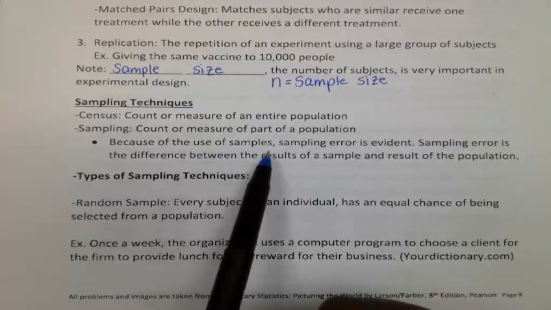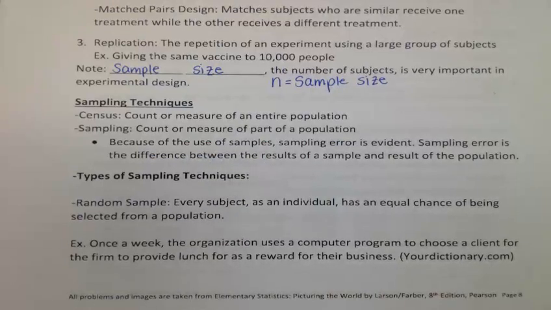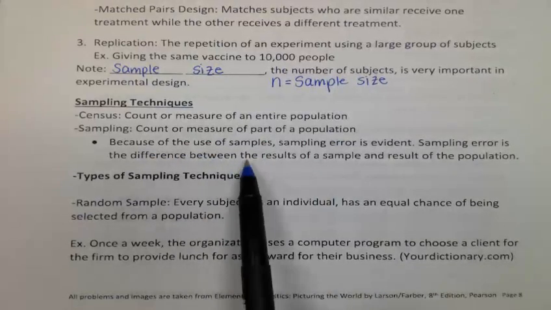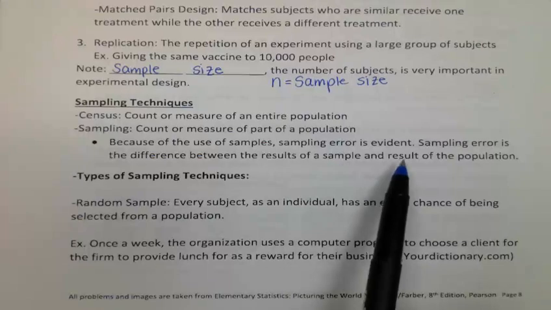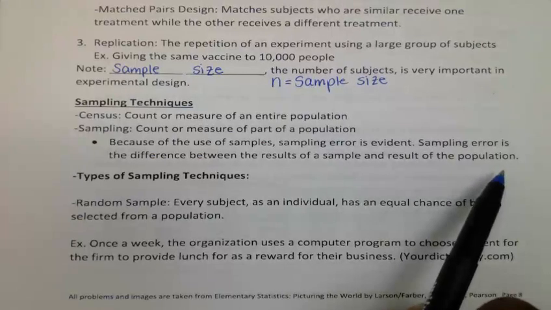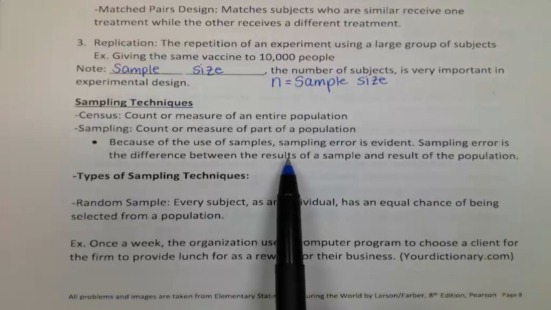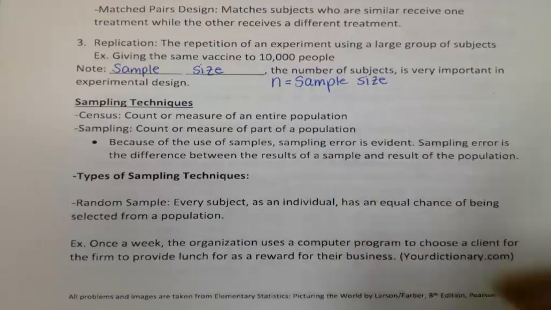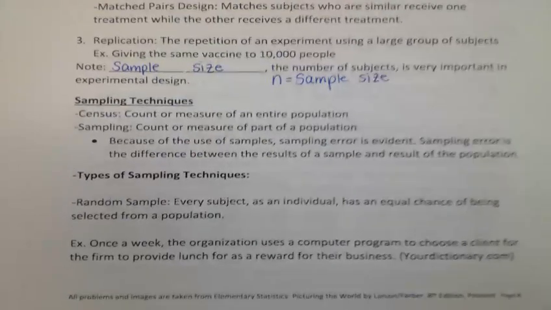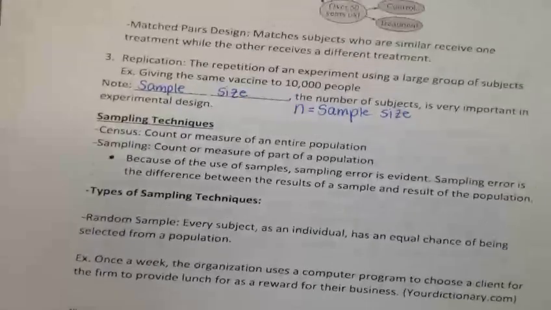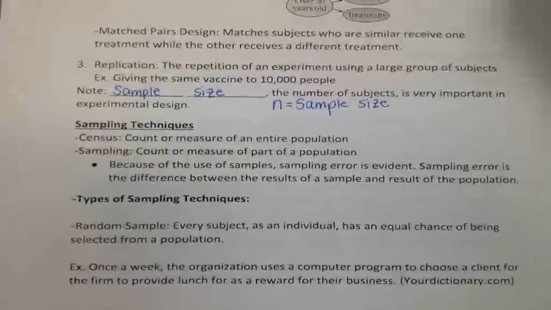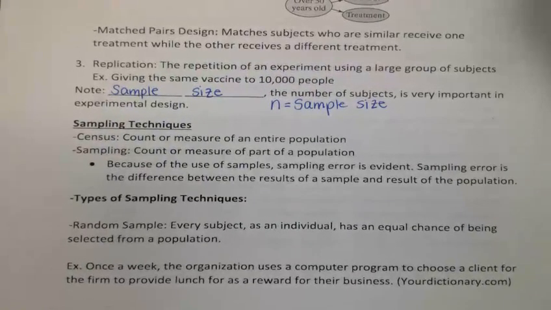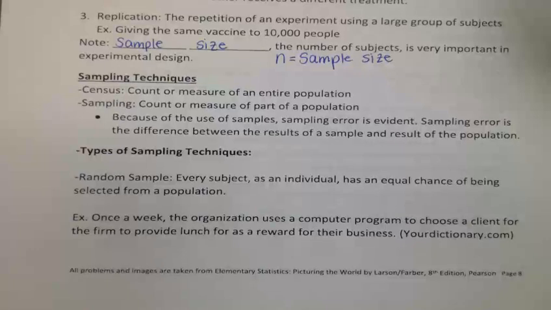Because of the use of samples, sampling error is evident. Sampling error is the difference between the results of a sample and the results of the population. So what did you get in your sample versus what is the population? That little bit of room, that's your sampling error. It's not bad, we just have to remember that we are going to have some type of error because we're using a sample and not the population.